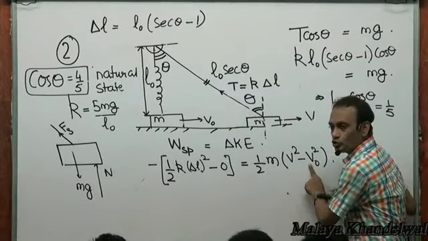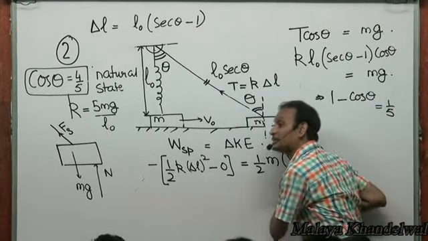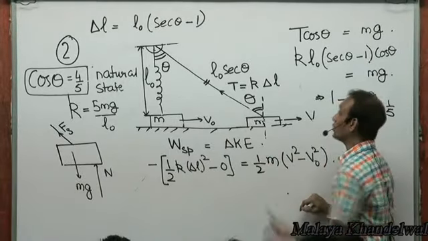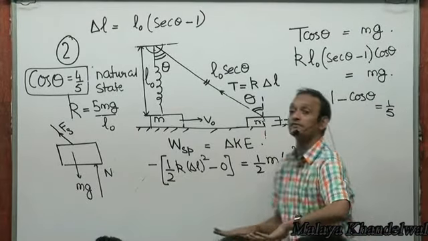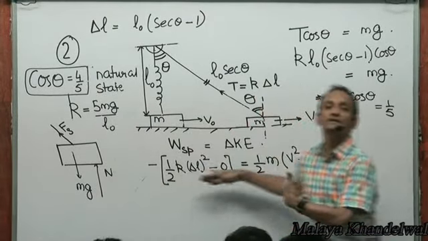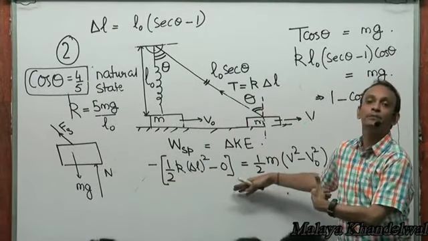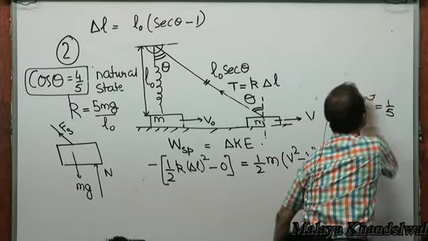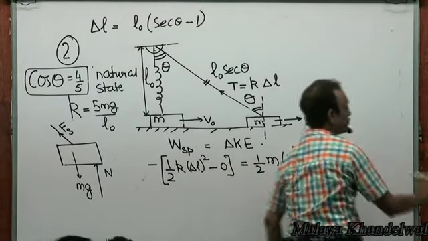V naught squared is known, so we can obtain V in terms of V naught. The velocity at the instant when the particle just about breaks off the ground is given by the work energy theorem as demonstrated here. It's the same equation, but different people like to look at it differently.